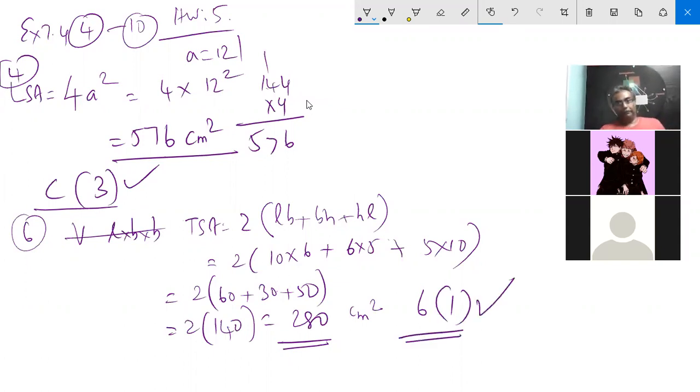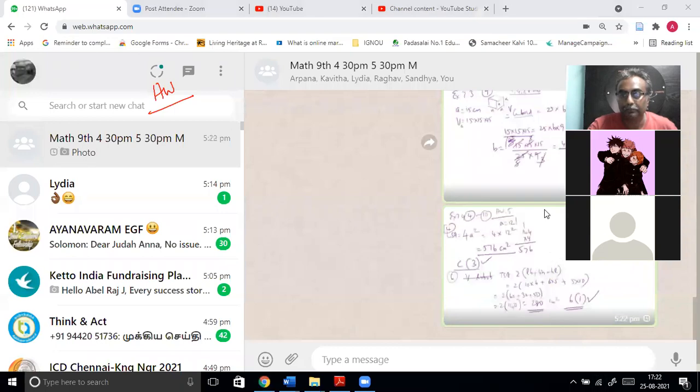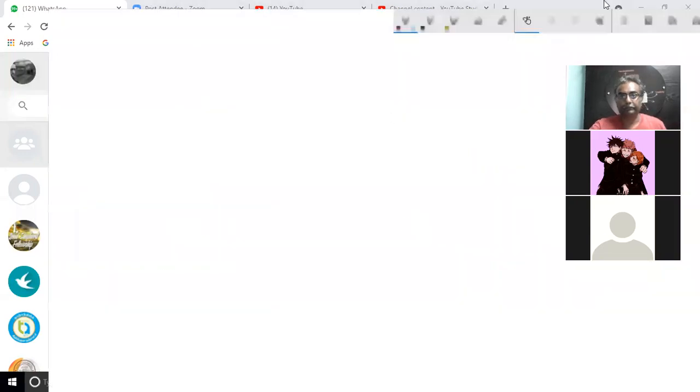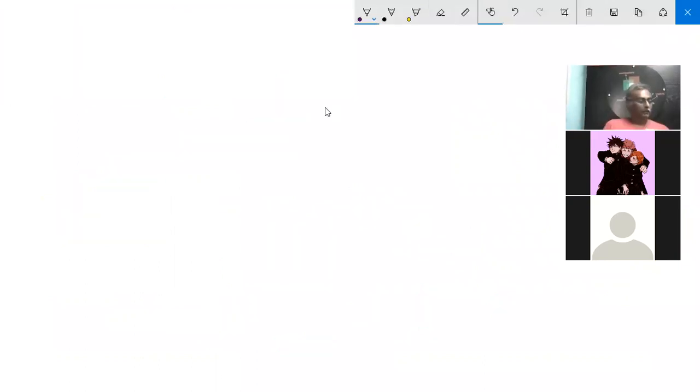Okay, so 4 and 6 we have done. Understanding? No issues. Just straightforward formula application. Fourth and sixth one I have done. Okay, what we'll do? We'll do 8 and 10. You do the remaining, 7 and 9. Homework will be 5, 7, 9; 1 to 3 omit.